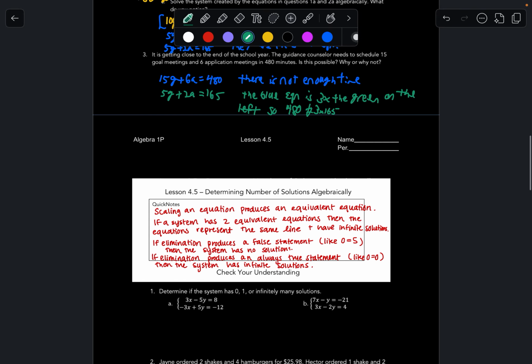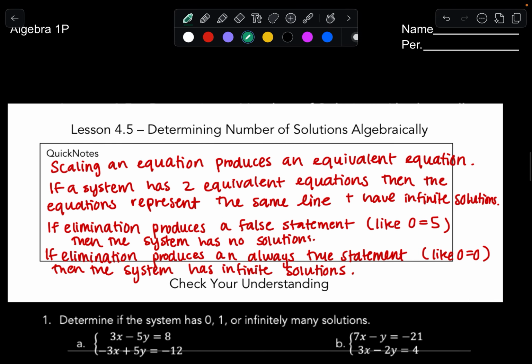So here are the rules. Scaling an equation produces an equivalent equation, the same equation. So if you multiply both sides of one of the equations by a number, all three pieces, usually the x, the y, and the constant, you will end up with the other equation, which means they are the same equation.